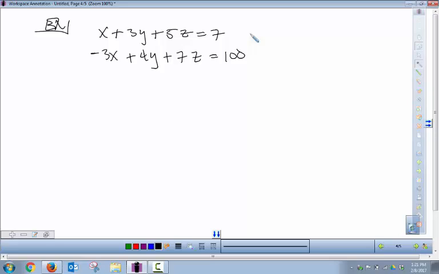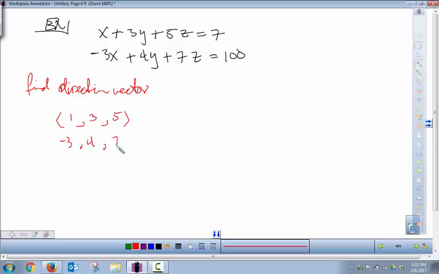All right, what are we going to do again? Oh, we need to find a direction vector. So let's find a direction vector first. The normal vector for the first plane is 1, 3, 5, and for the second is -3, 4, 7.